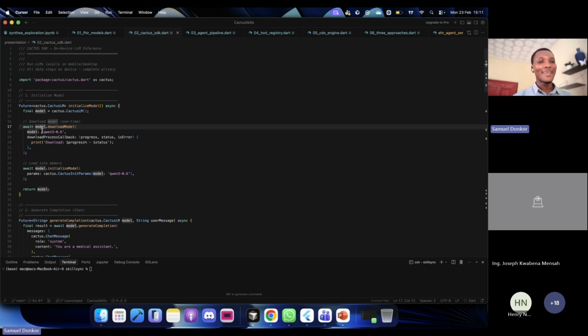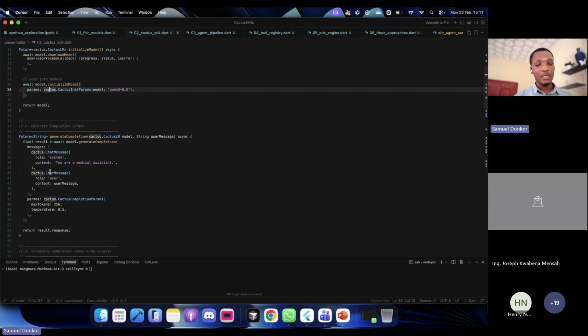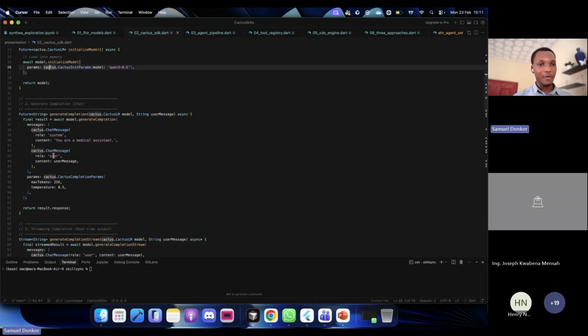Yeah, so you have that, and then you specify, for example, the model you want to use, right? And then it would start downloading at runtime when the application starts, right? And then you initialize it. And then if you want to have an LLM completion or chat or whatever, it's pretty straightforward. Also, the code base and slides will be provided after the session. So don't worry about that.